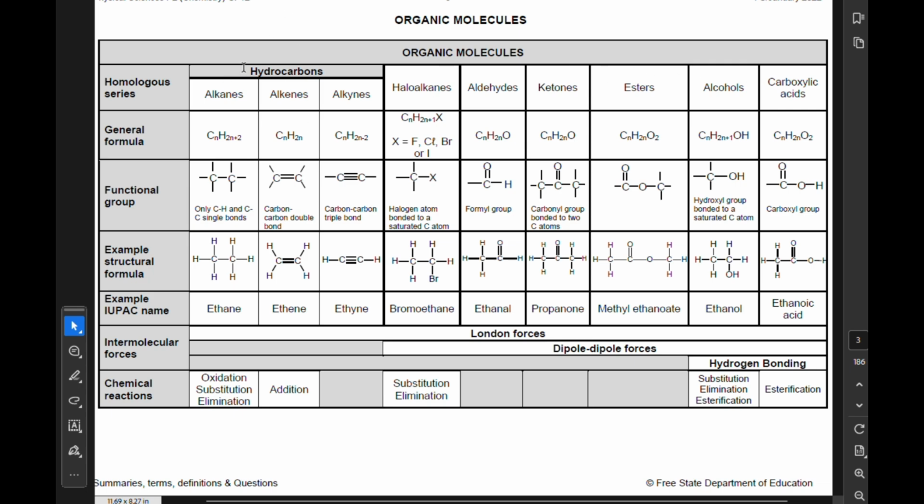There are 9 homologous series. We're going to look at the general formula, the functional group, an example, the IUPAC name, which is just the naming. Later we're also going to look at the intermolecular forces and the chemical reactions. We'll start off with the alkanes followed by the alkenes in the second lesson.